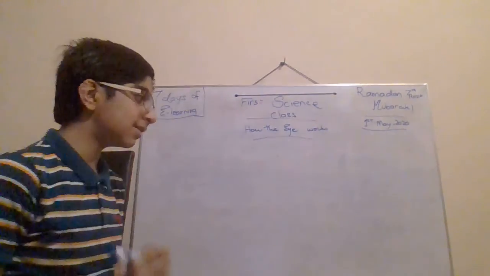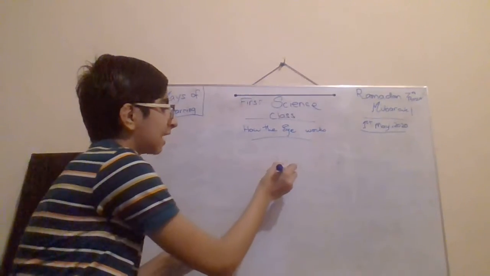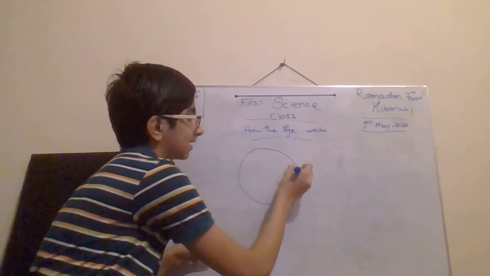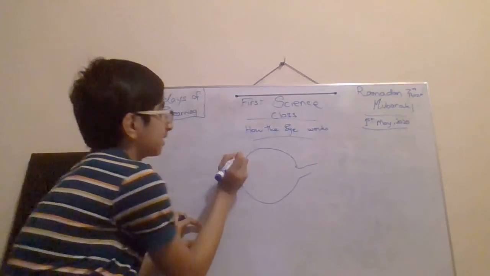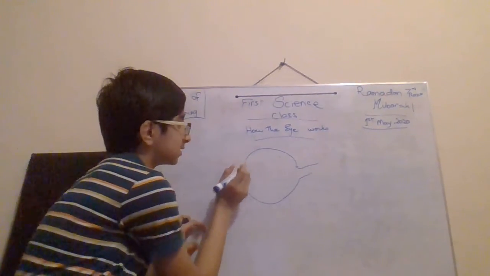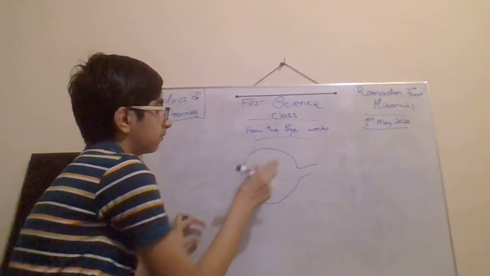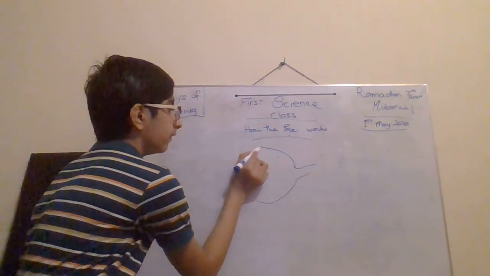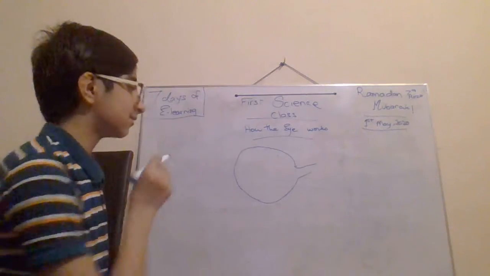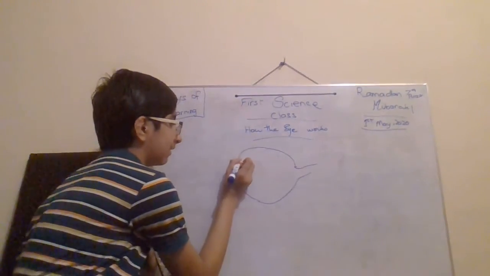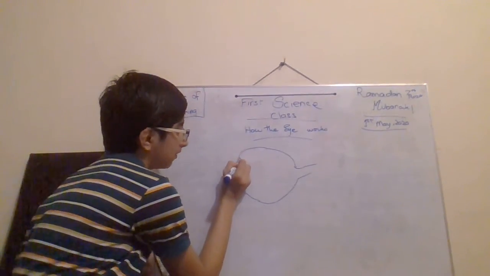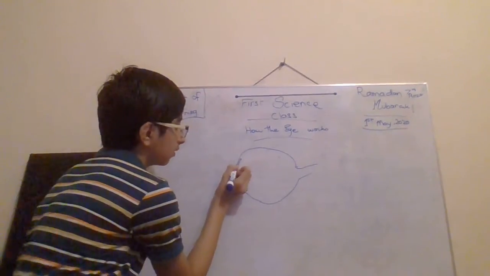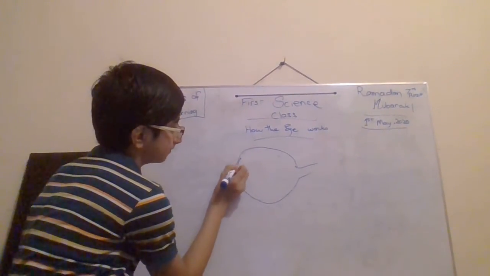For learning how the eye works, we first have to know what the eye actually looks like. It is something like a ball-shaped dome. It looks like a hollow ball on the outside, and it looks something like this. And then, on the very beginning, is the cornea.